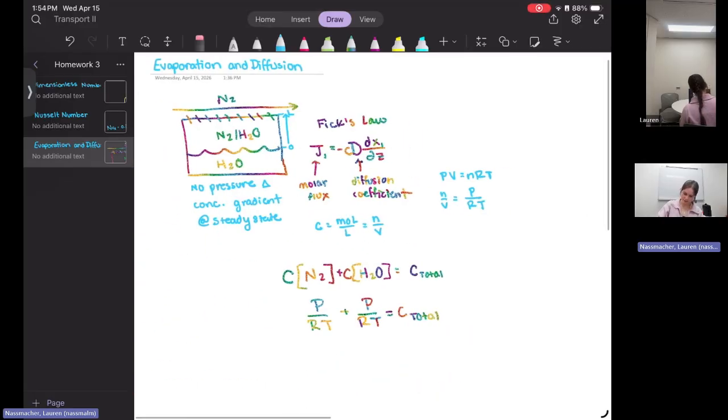Graphing that, we'll graph it over this distance dz. So dz, our concentration, will have 0 to L, and then concentration could be whatever numbers. It will just increase as it goes up the y-axis. Our water, as it goes further up the pool, will decrease in concentration, right? Because it gets closer to the nitrogen gas.